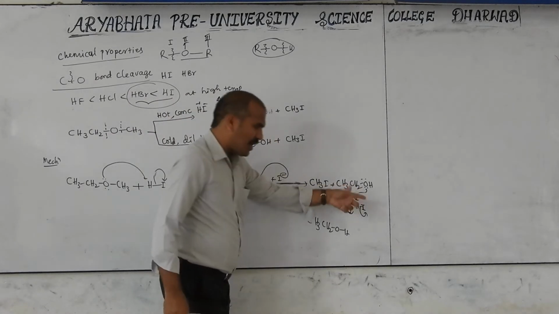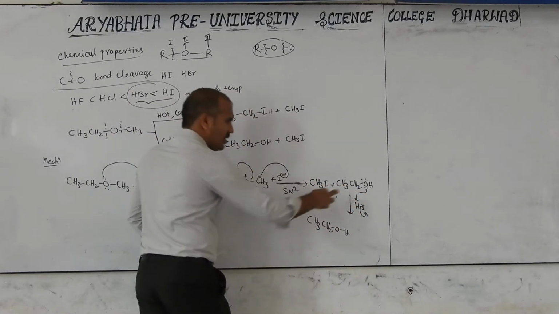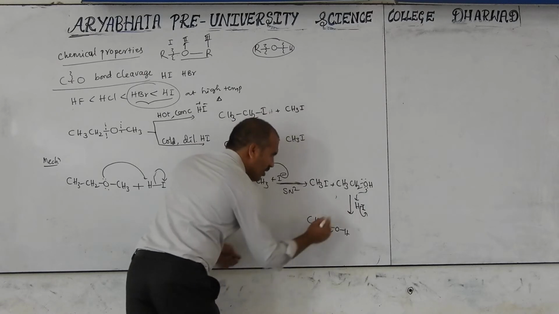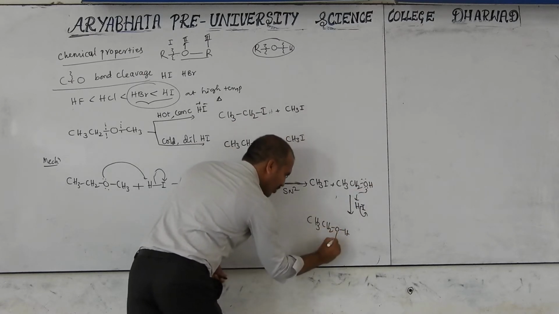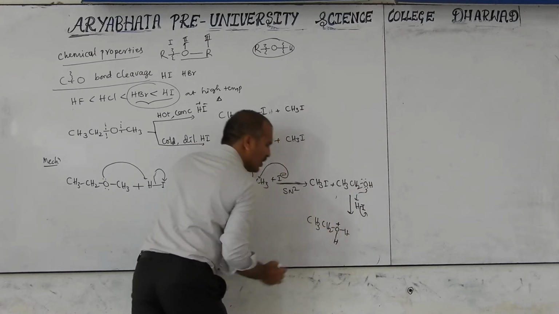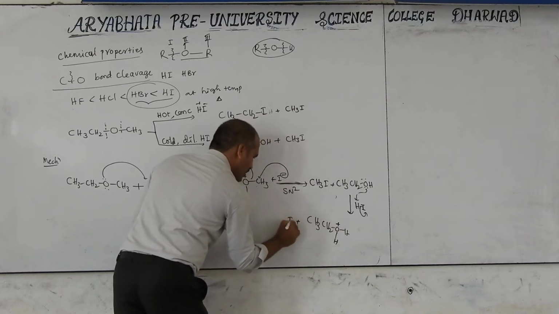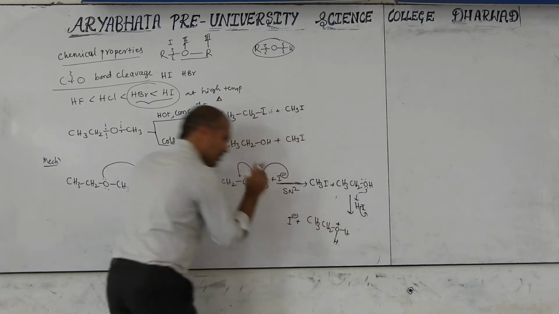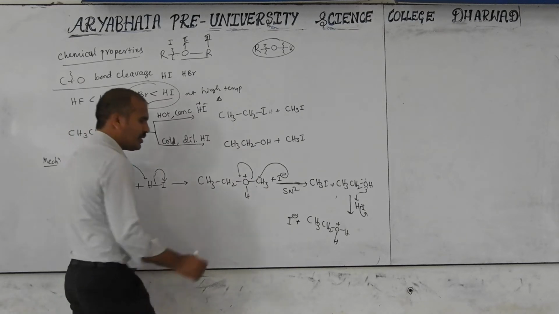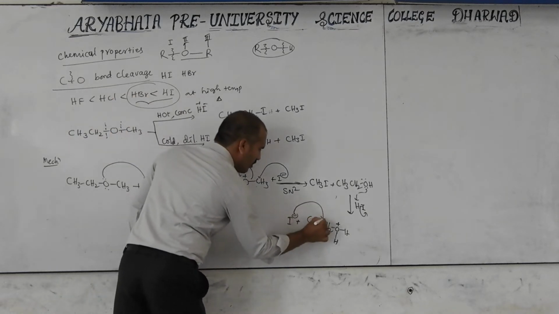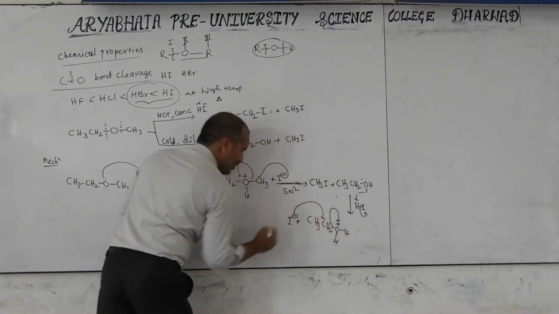If I use 1 mole of extra HI here, then this O will take the H, already H is there, and this H plus is formed, along with I minus. Now, this I minus will attach to this one, and this is eliminated like this.